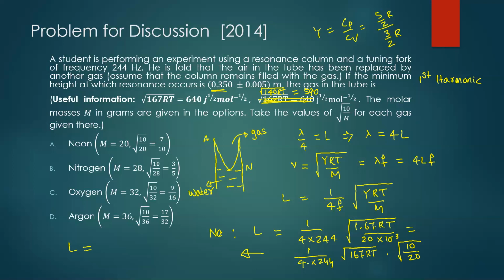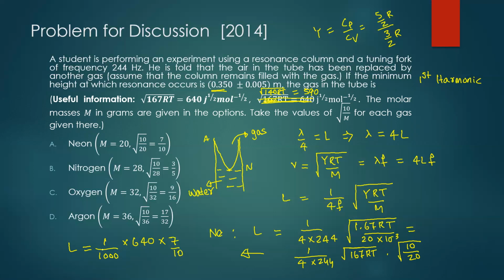Calculations are difficult here. This 4 into 244, suppose I roughly write it as 1000. I know it is lesser than that. Instead of 244, I'm assuming it is 250. So I'm going to write it as 1000. Now the square root of 167 RT, they're saying take it as 640. And the square root of 10 by 20, take it as 7 by 10.